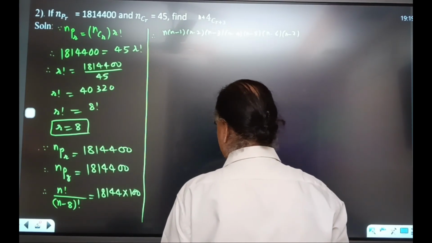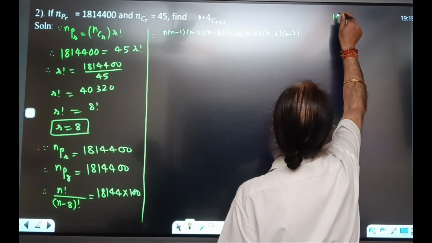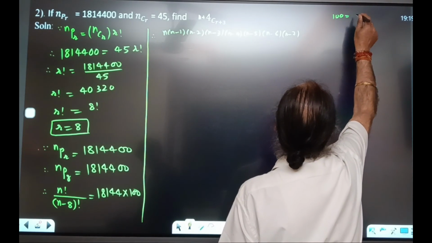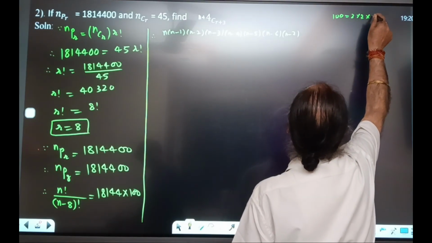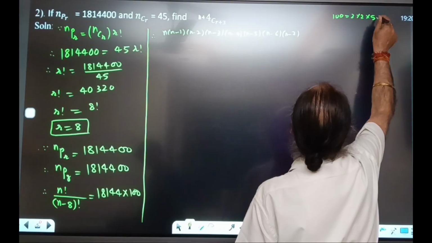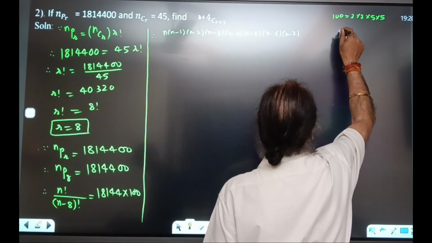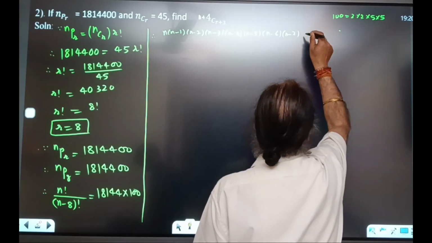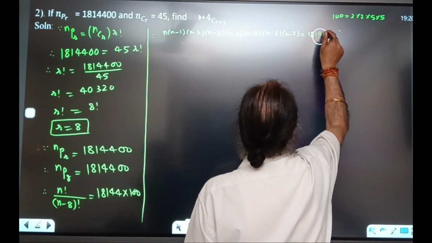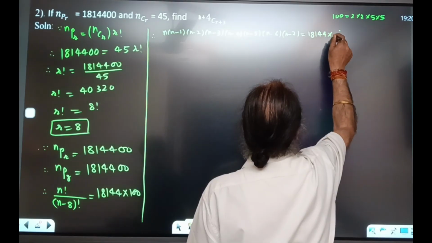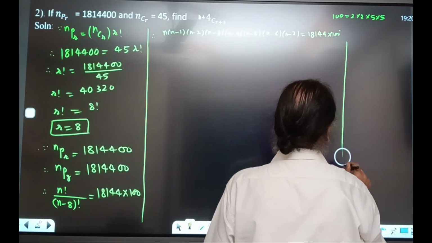And 18144 into 100 is 2 into 2 into 5 into 5, and the factors of 18144.